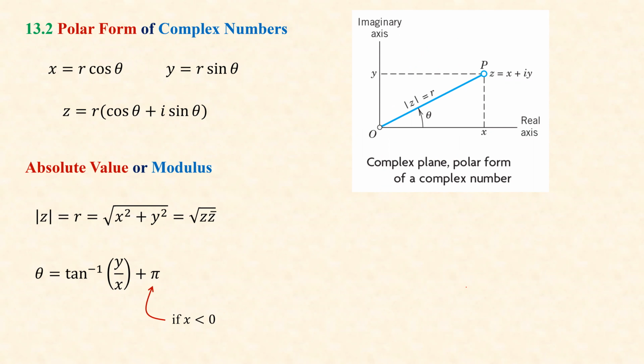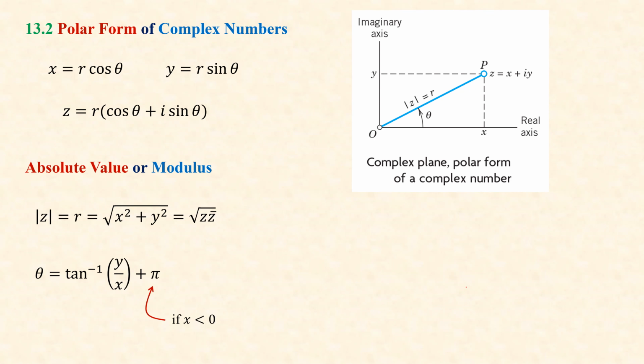And of course, if x is 0, you are on the imaginary axis, and the angle is either 90 degrees or negative 90, or either pi over 2 or negative pi over 2. That's clear. But if x is not 0, you can find tan inverse of y over x, and if x is negative, you add pi.